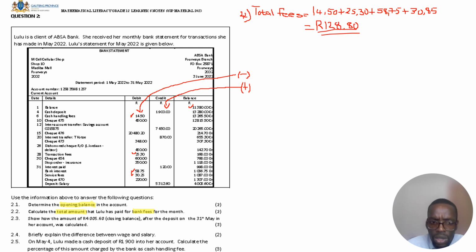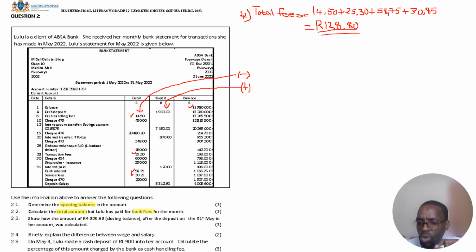And then you also have things like transaction fees. Sometimes when you pay using your card, or do certain transactions using your card, online banking, they do charge you for that. Maybe you bought airtime, they charge you maybe R1, or whatever amount of money. Those fees are charged because they have rendered a service to you.